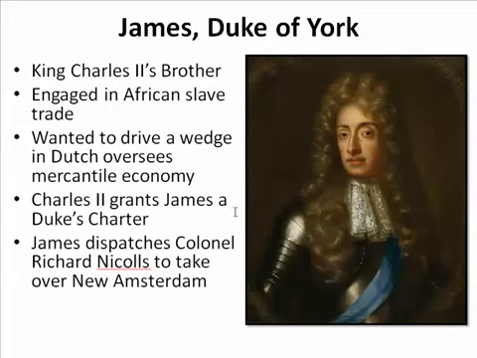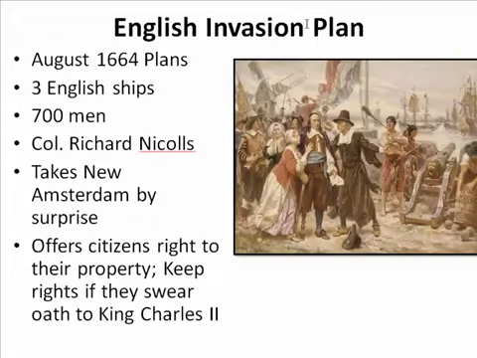So Charles II grants James a duke's charter over New Netherlands. And then James dispatches a loyal soldier, Colonel Richard Nichols, and Richard Nichols goes to New Amsterdam to try to take it over. When he gets there, he has a plan to invade.